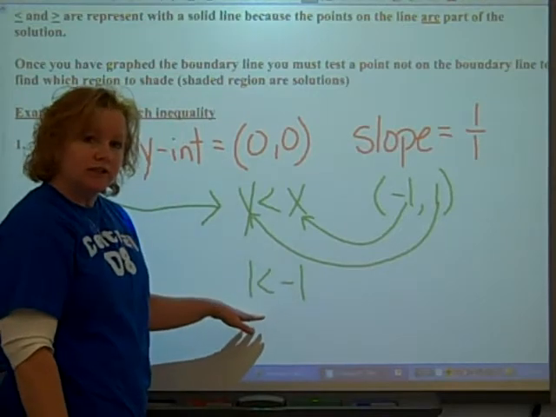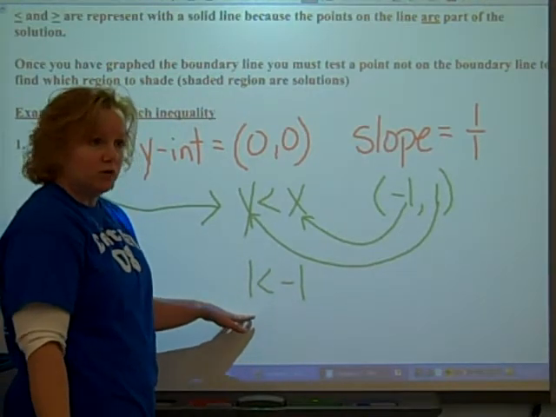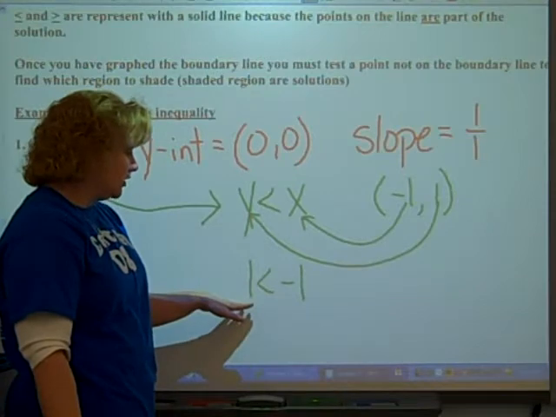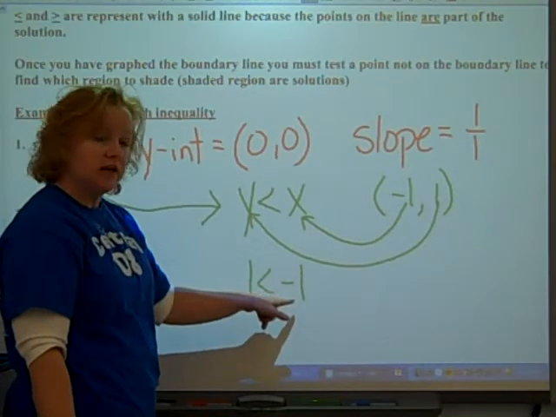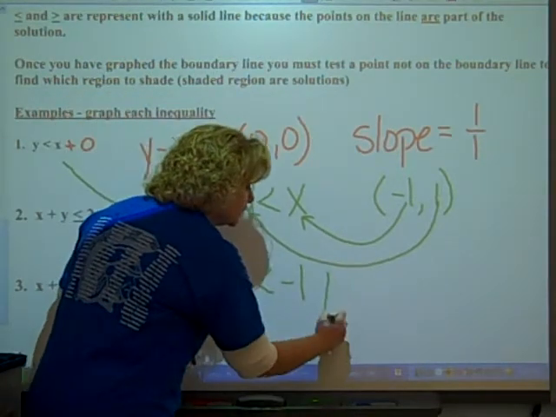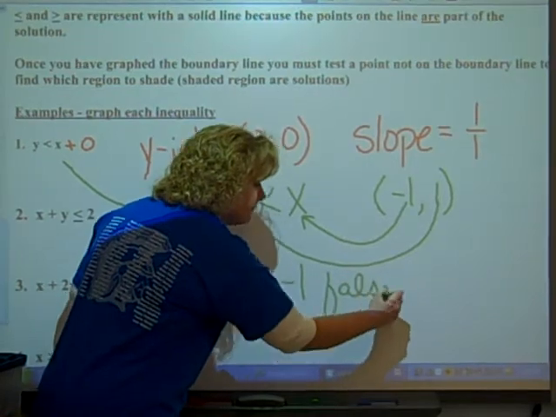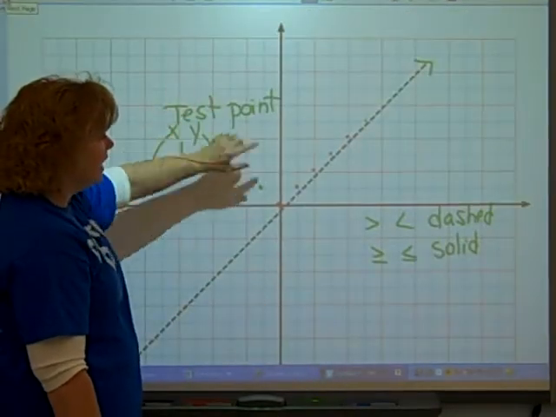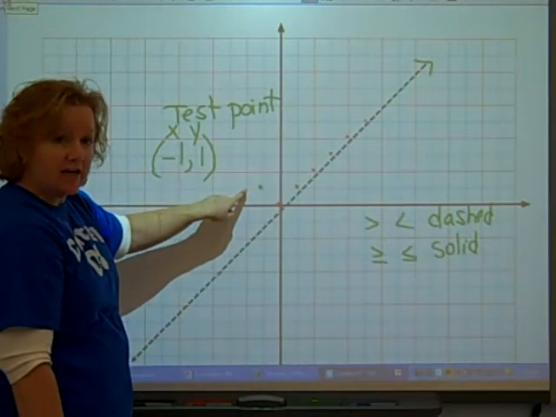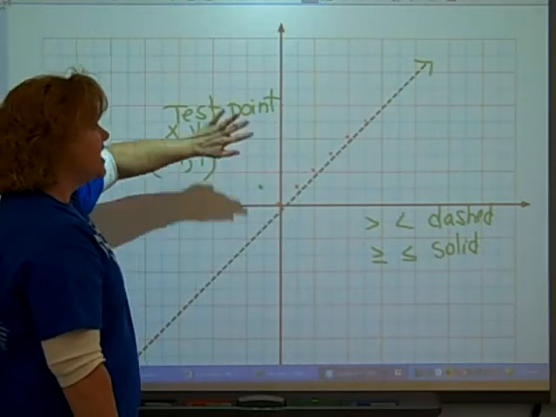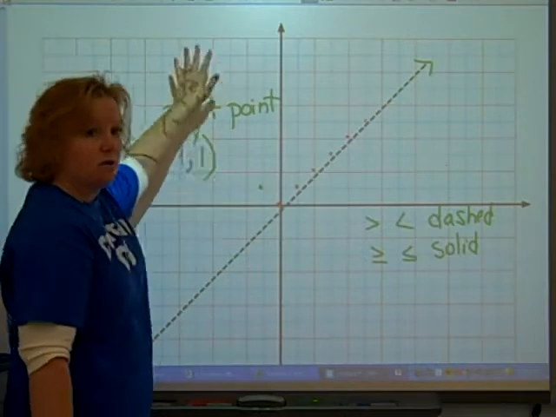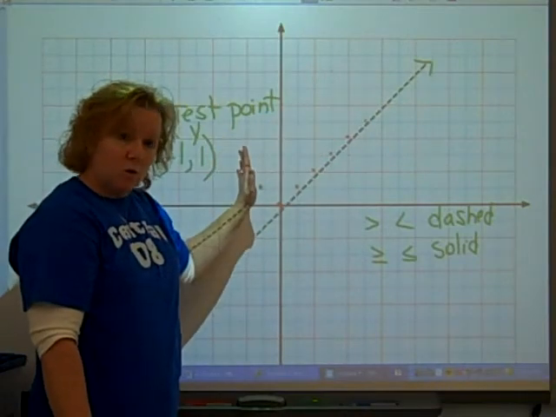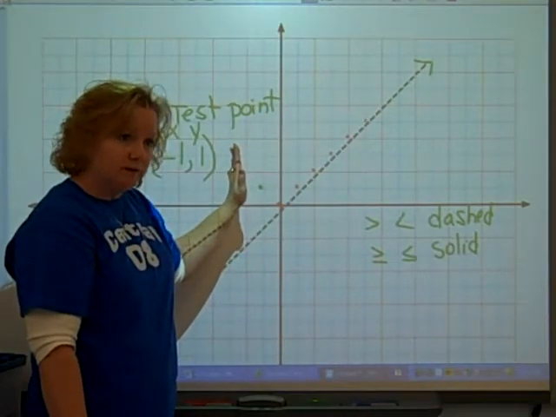Is that a true statement? Is that true or not? True or false? Is 1 less than -1? Okay, so this is false. What that means then, when I look at this, is that if one point on this side does not work, then none of these points on this side work. Therefore, where are my answers at, Charlie?